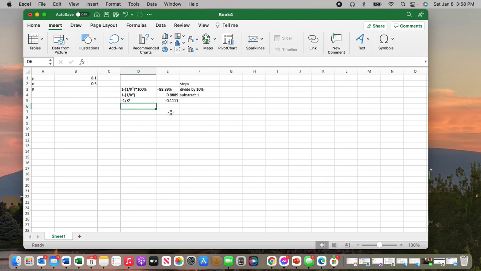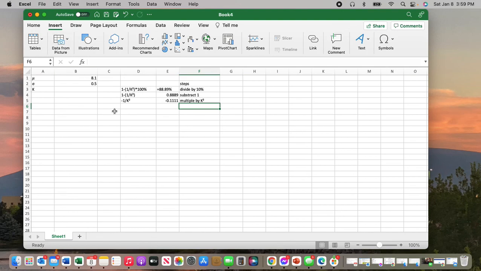Okay, so that is going to equal negative 0.11. In this case, what we are going to do is multiply by k squared to get rid of the k squared underneath. So multiply by k squared.